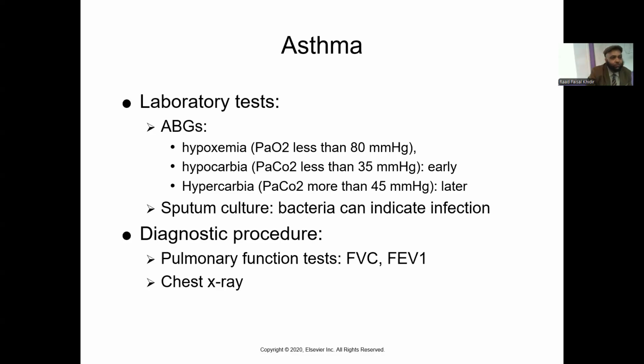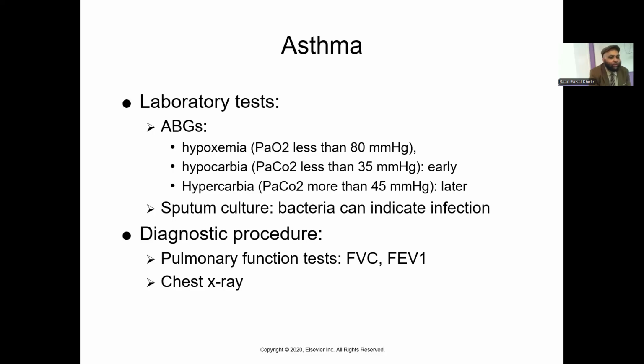hypoxemia. Hypocarbia. When there is a carbia, it is carbon dioxide. Hypocarbia meaning the carbon dioxide is down. So hypercarbia is when the partial pressure in arterial blood gases is more than 45 millimeters of mercury.